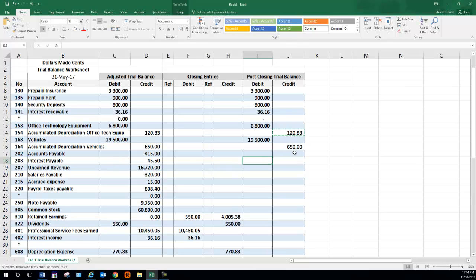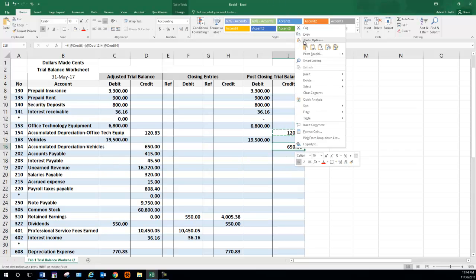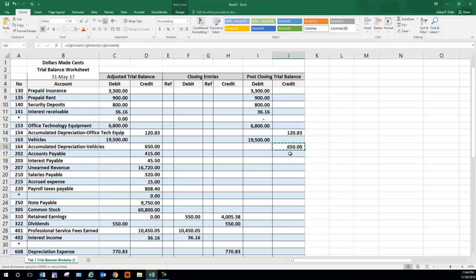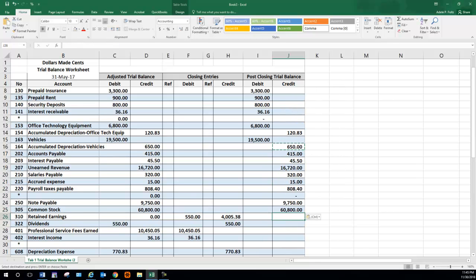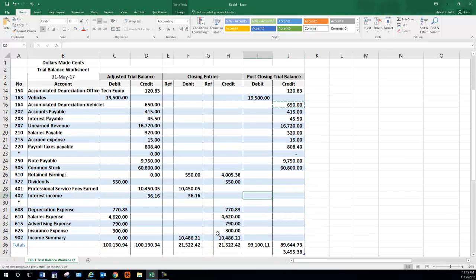Okay, so all of our liability accounts, those balances all carry forward. And if we did our closing correctly, then everything from dividends on down to our expenses should all have a zero balance. So let's take a look.